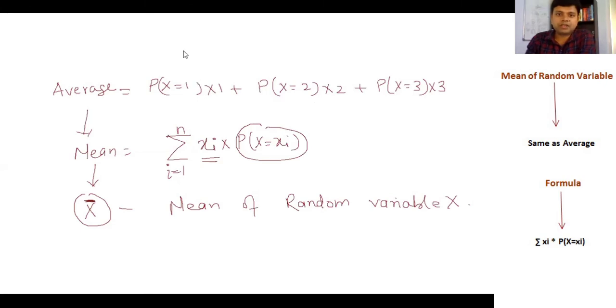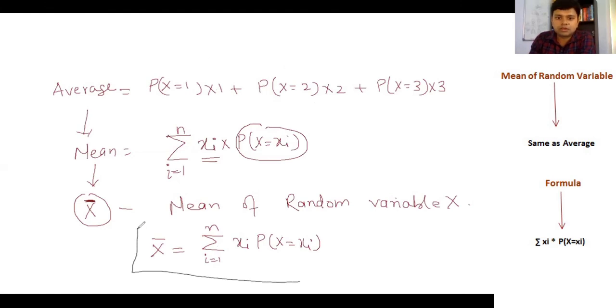If I write, the formula will be x bar is equal to sigma i is equal to 1 to n, xi into probability of x is equal to xi. This is the formula for the mean of any random variable.